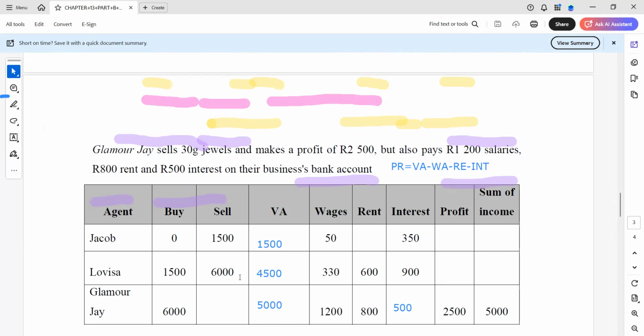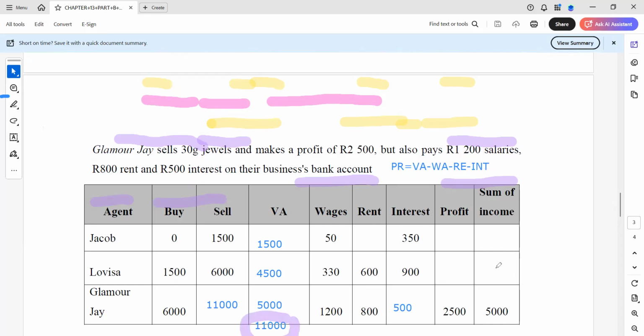You're going to say this plus this, you get the value of sale, which is 11,000. To confirm, 11,000 minus 6,000 gives you 5,000. So if you add all the value added together, how much do you get? 11,000. So the GDP using the value added or production method gives us this amount.